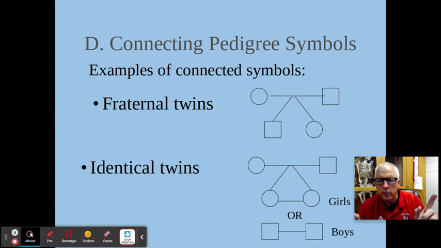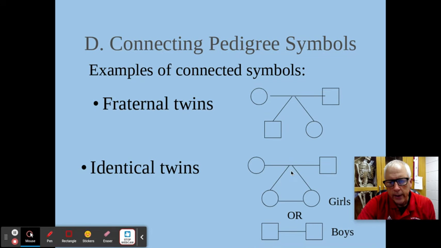If we connect a circle and a square, that means they are a couple, and then lines coming off of that couple means that is their children. It goes from left to right. So firstborn is on the left side, and then you work your way to the right, and you get younger. So here's a case where these were fraternal twins, the boy and then the girl.